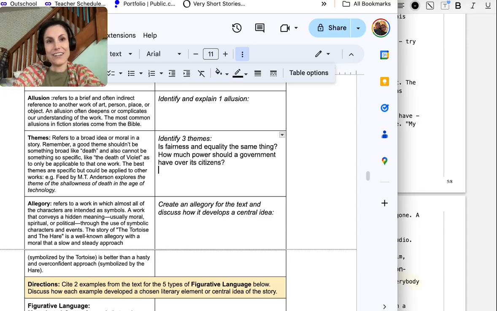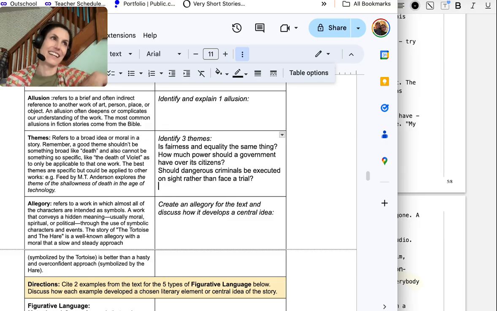You can have, should dangerous criminals be executed on site rather than face a trial? You could say that he was killed right away by the government. He was also detained. We could say like the themes surrounding government detention, any of those would do.